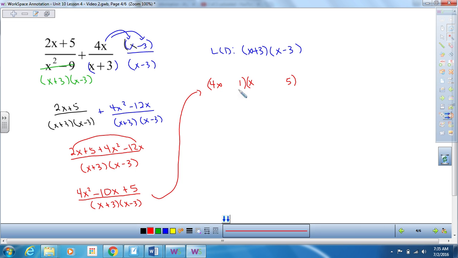And it's a positive 5, so they either need to be both negative or both positive, but since I want a negative 10, I need both negative. So negative 9x and negative 1x gives me negative 10x. So even though it's factored, there was nothing that canceled, but we need to check anyway. So this is done.